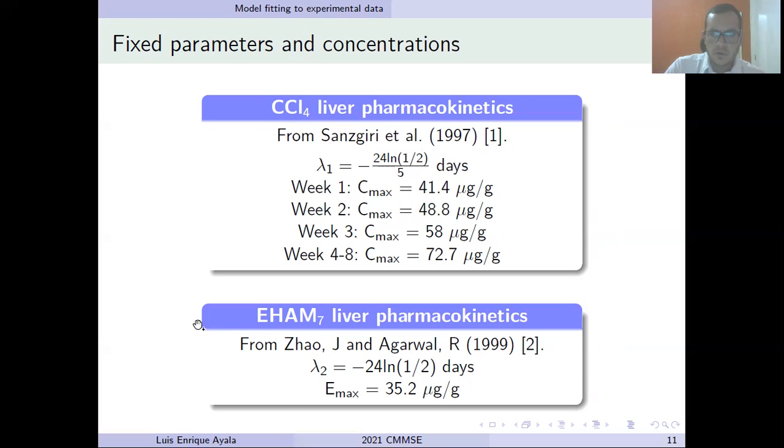And for the extract, we assume that the extract behavior is similar to the silymarin. Silymarin is a drug for liver injury. And from this study, we can assign these values to lambda 2 and Emax.